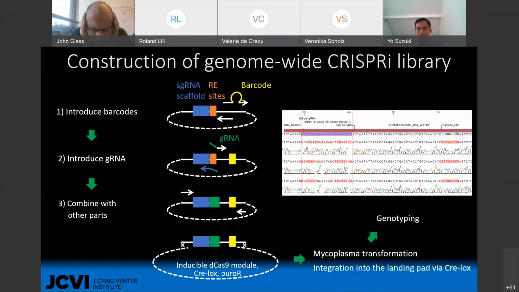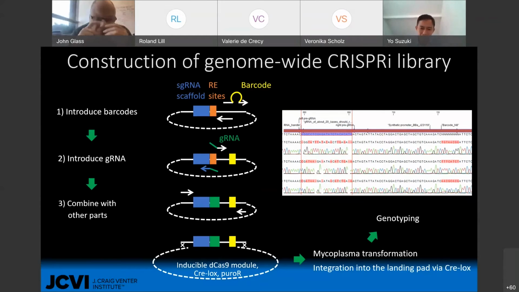There are a few clever features in this scheme. The first is to create this construct in a small plasmid and then combine it with a big backbone. We learned the hard way that PCR introduces errors, and when we were just adding guide RNA sequences into a big plasmid, we had a big setback.